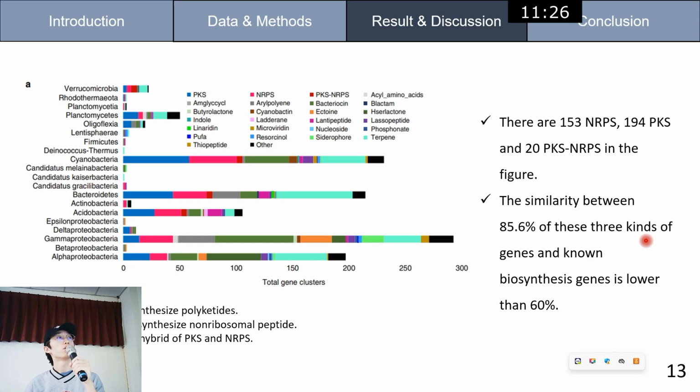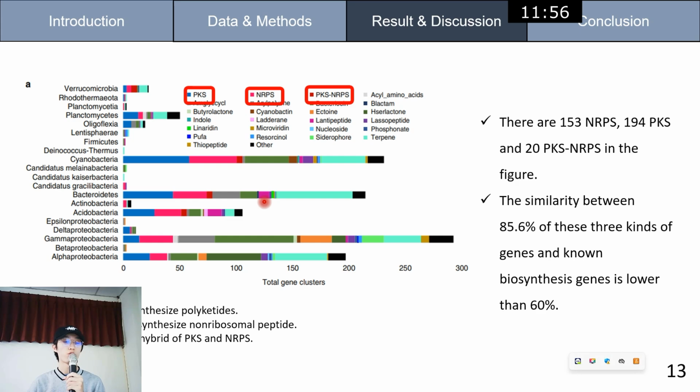Okay, and this picture shows the gene clusters and the different kinds of bacteria. And we only focus on these three gene clusters: PKS, NRPS, and PKS-NRPS. And what are they doing? PKS is used to synthesize polyketides, and NRPS synthesizes non-ribosomal peptides.